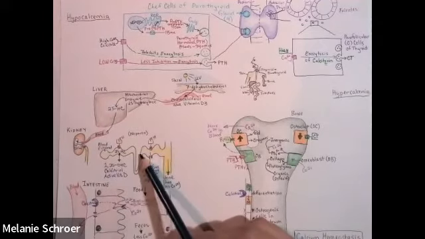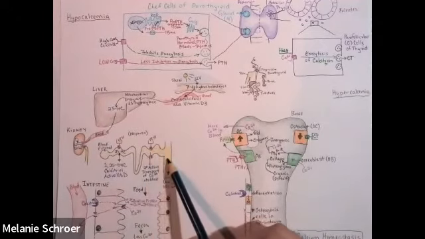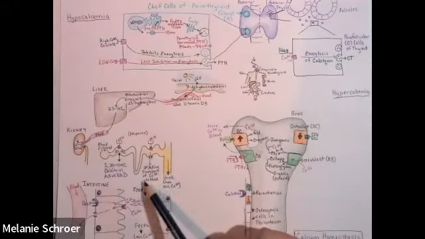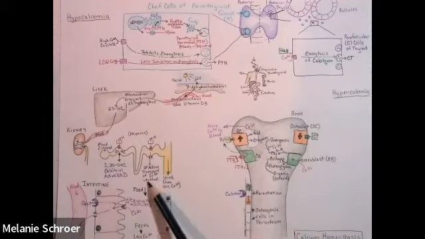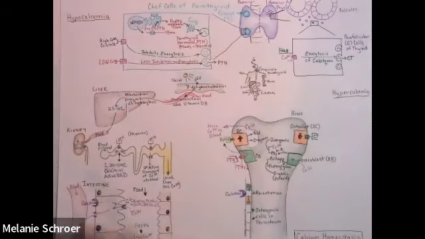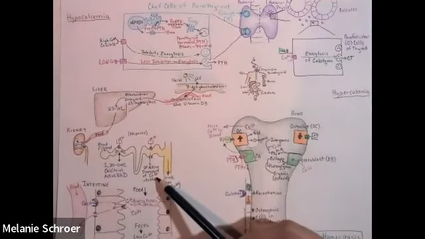Okay, so if any calcium was left over in the filtrate, it is instead going to be reabsorbed back into the blood. So this is the first time in this story that we see calcium increasing in the blood. Again, the problem here is that there's too little calcium. Well, how do we fix the problem? We increase calcium in the blood.